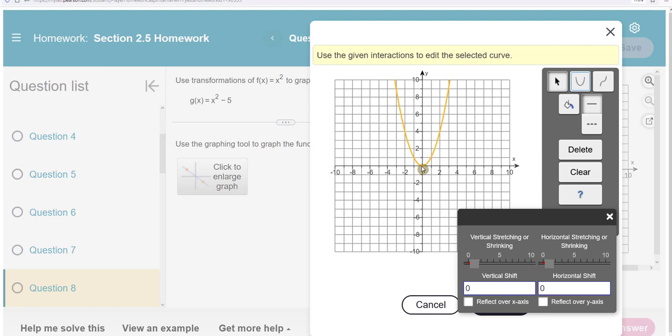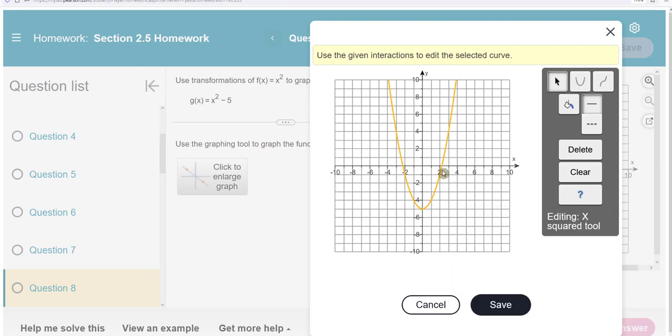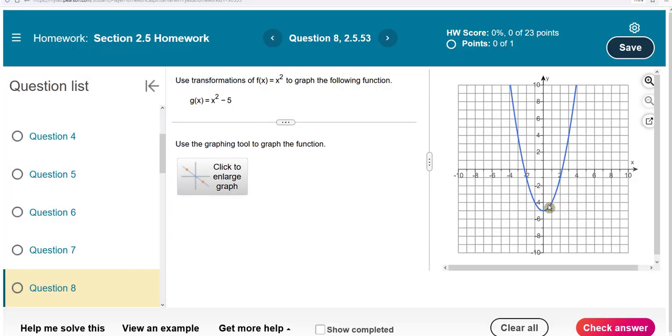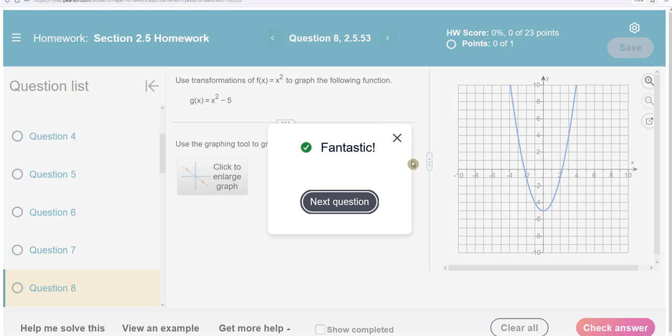So that's a vertical shift. So if you look here where it has vertical shift, I'm going to put in -5 so it can shift my graph down 5. So this one is a little different. If you save this, this is your answer. It's x squared shifted down 5 units.